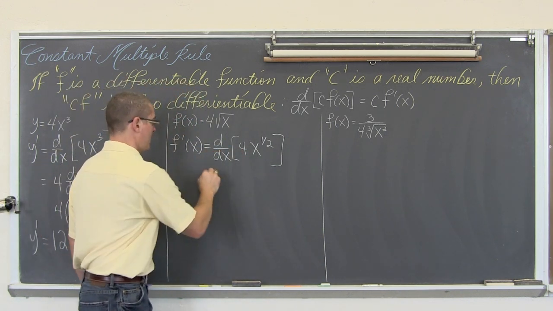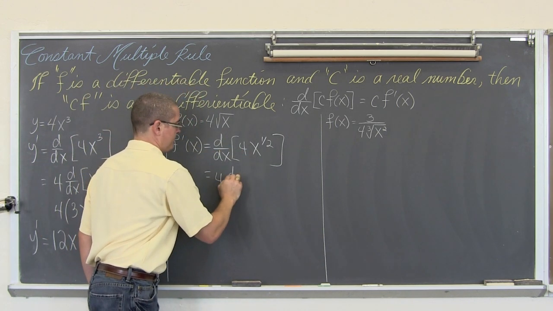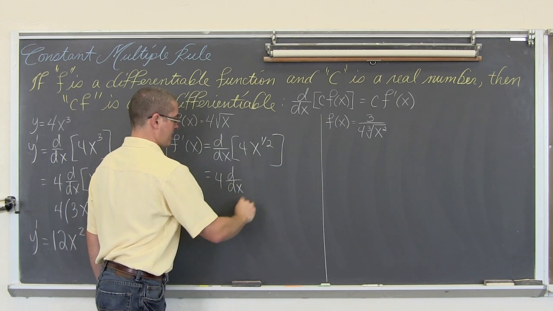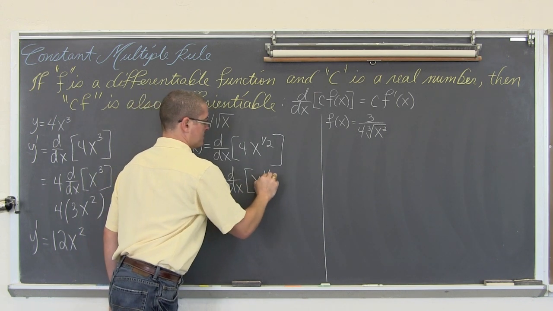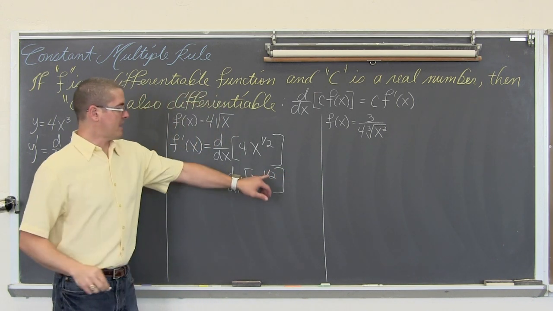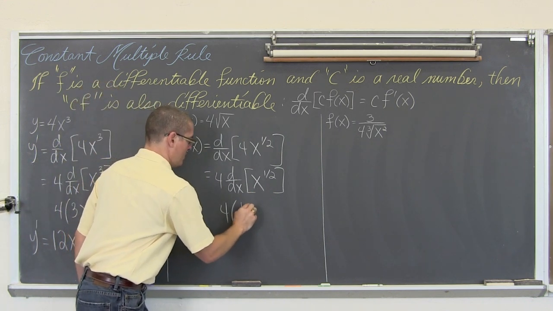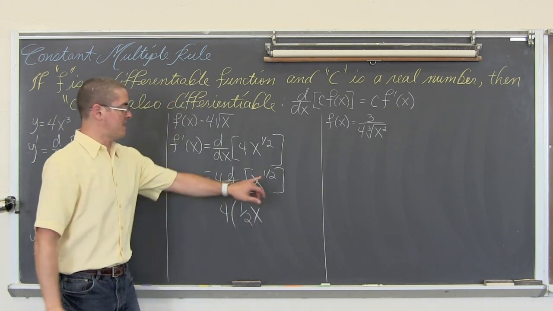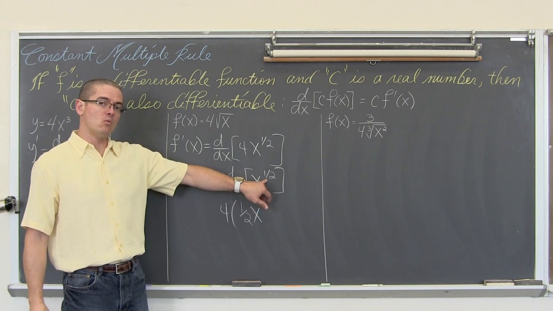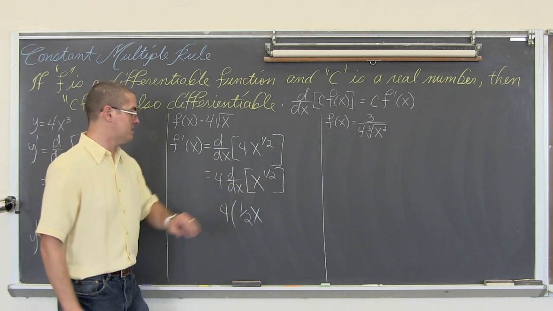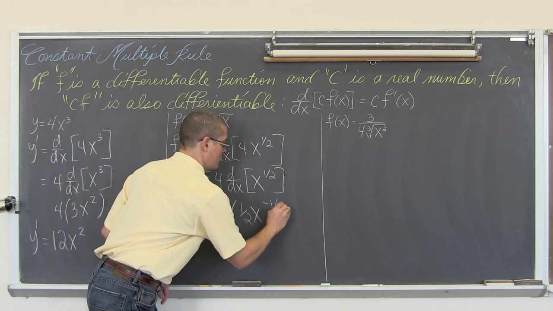Take the 4 out, and we get 4 times the derivative with respect to x of x to the 1/2 power. We can bring that 1/2 out and get 4 times 1/2 x, and with the power rule, we have to reduce this by 1, so 1/2 minus 1 is negative 1/2.